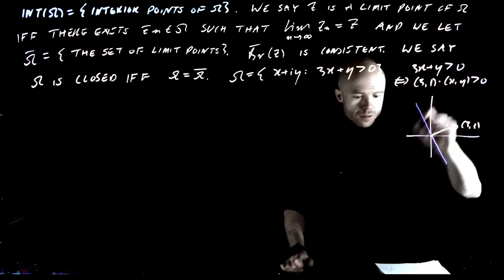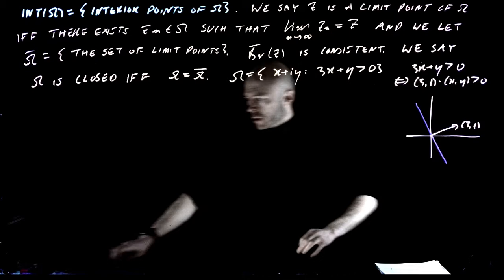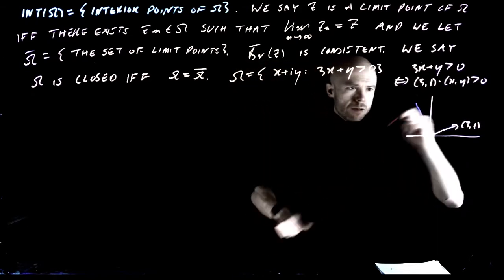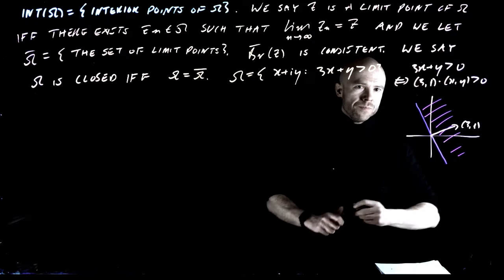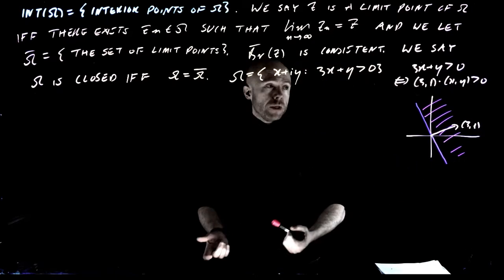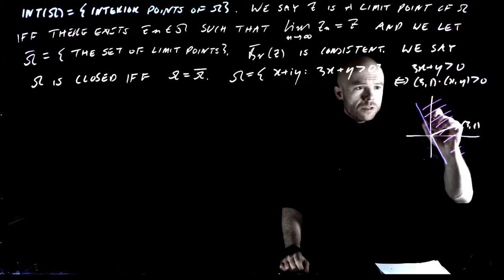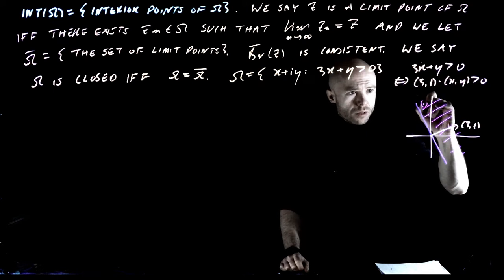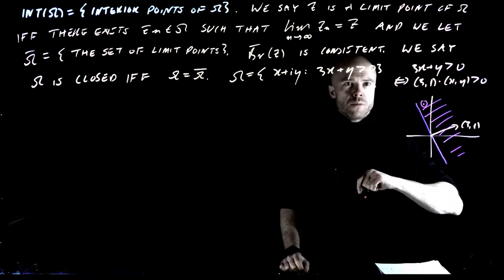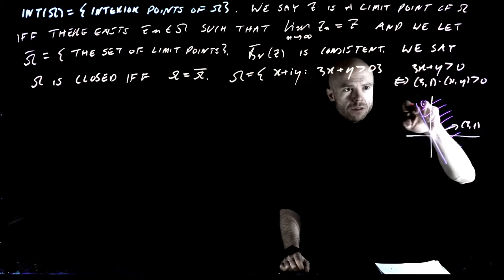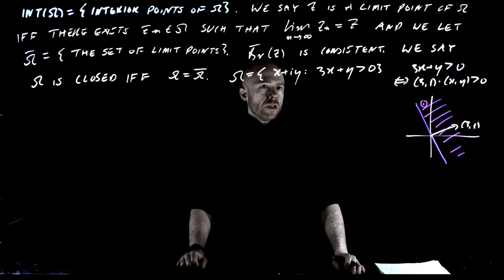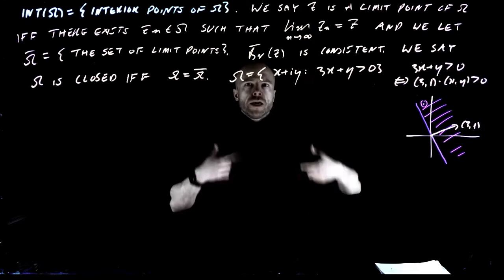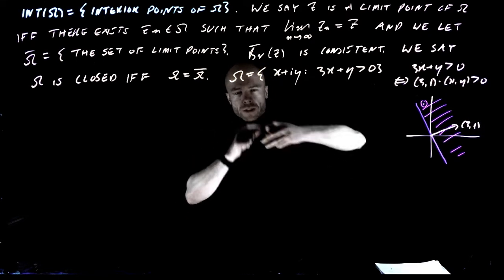It's everything in this half plane like this, right? And this is an open set because if we take any point for which this is true, we can for sure put a little ball around it and still satisfy this, right? Because it's a strict inequality. Yeah. So this is an open set. It's equal to its interior.